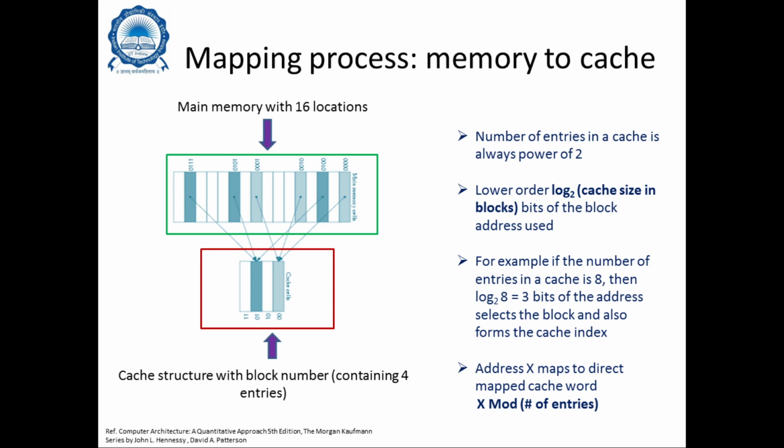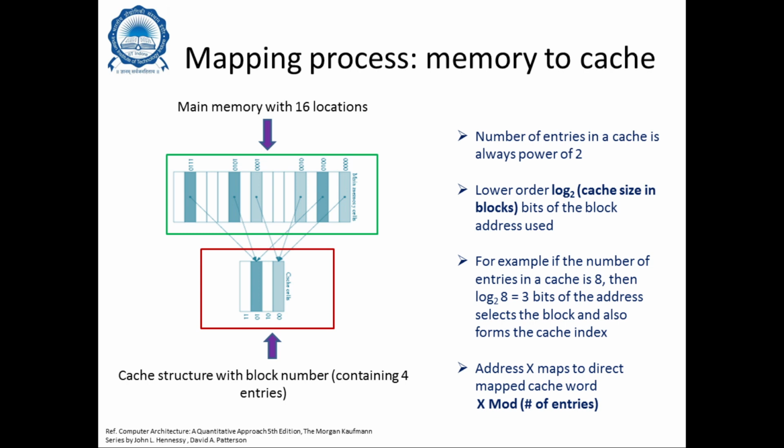If you note here, the cache structure will always have entries in the order of a power of 2. That is a rule. Caches will never have a number of entries which is not a power of 2. So it's 4 here, it could be 8, it could be 16, and so on.